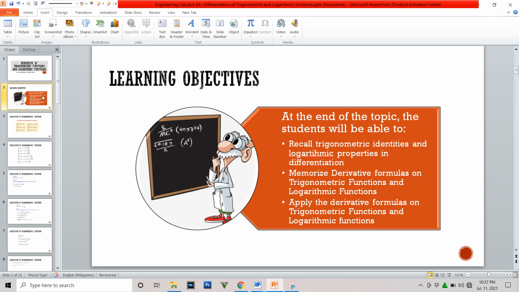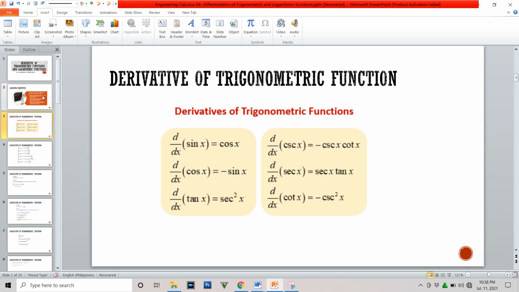Okay, and then from that we are going to apply the derivative formulas on trigonometric functions and logarithmic functions. So all will be packaged to simplified answers to some functions involving trigonometric and logarithmic. So let me start with the formulas itself.